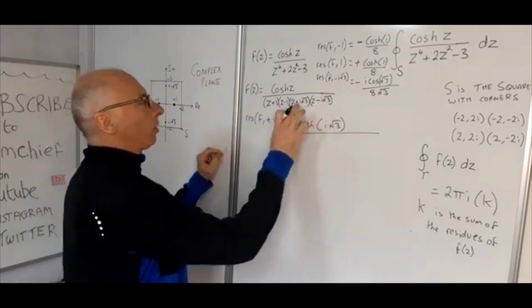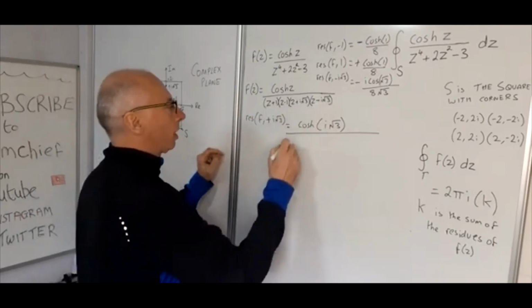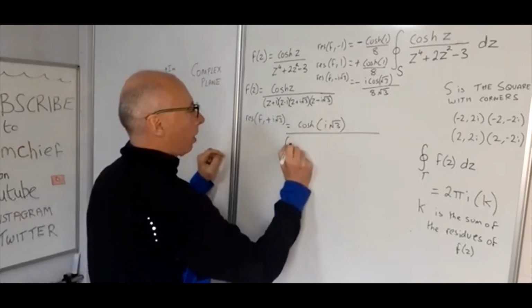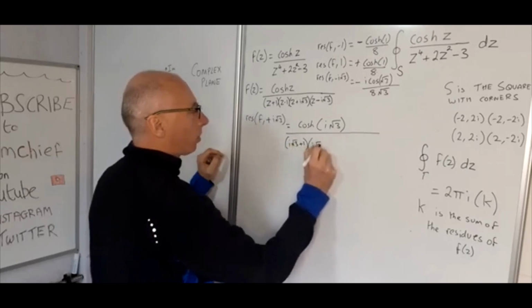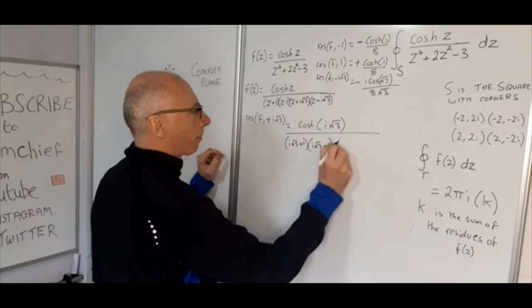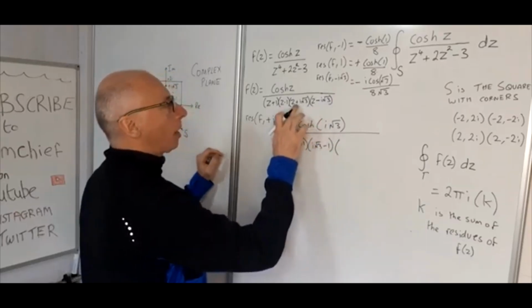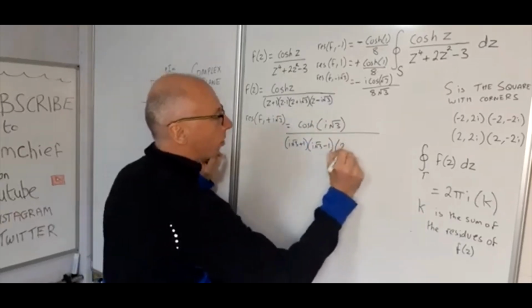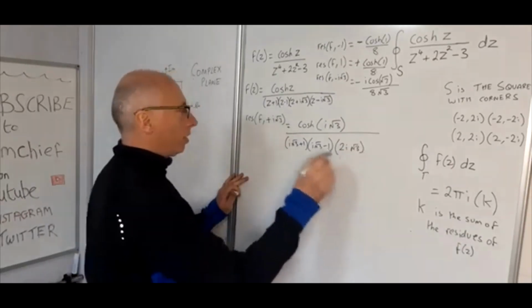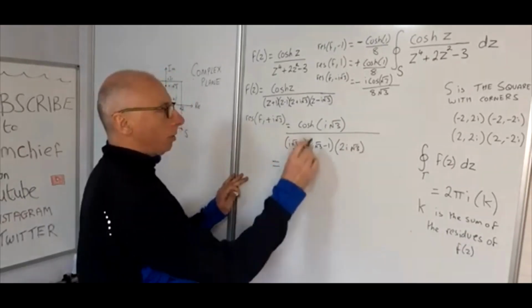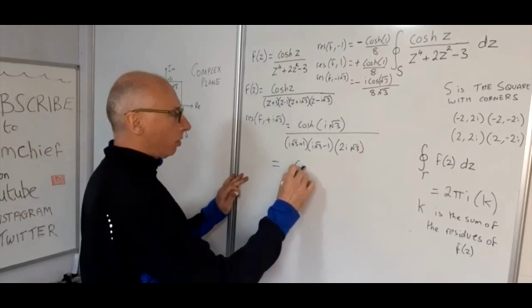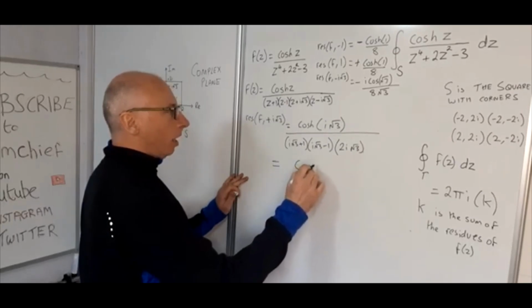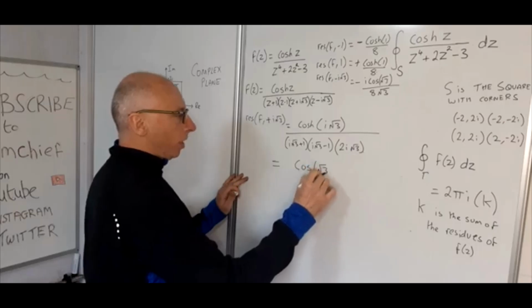So that one will be ignored, so I'm just interested in these first 3. So now we've got i root 3 plus 1, i root 3 minus 1, and then i root 3 plus i root 3 is 2i root 3. So we know what the numerator is. We did that in the previous residue. So cosine of square root of 3.